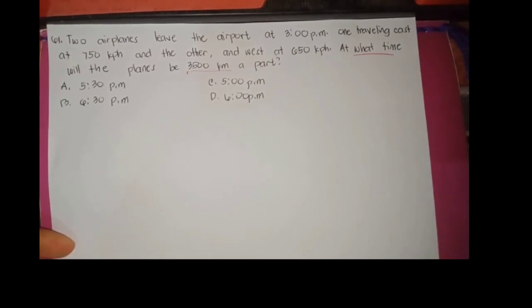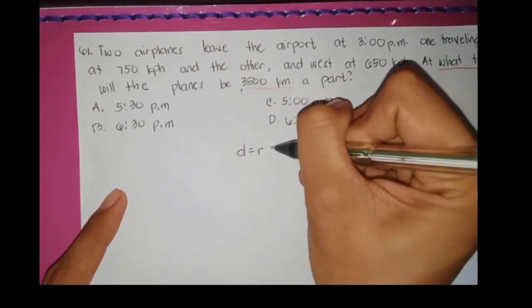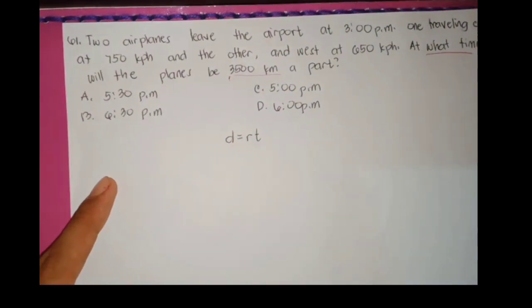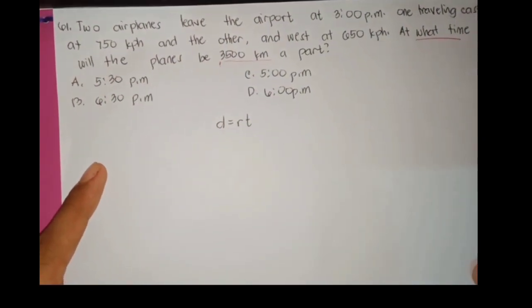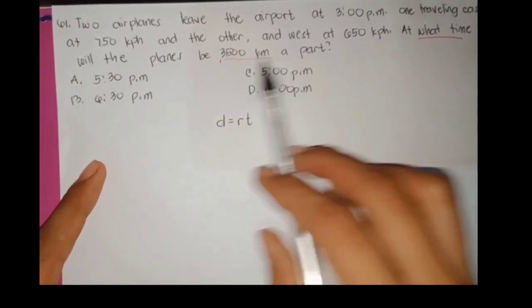So, using the formula for the distance, which is d or distance is equal to rate times time, we can solve for the time in which the two planes will be apart.